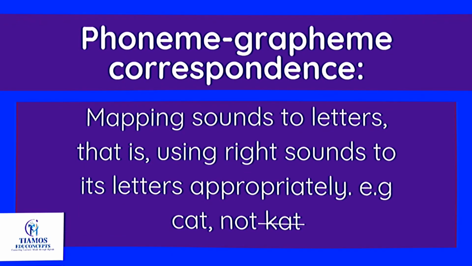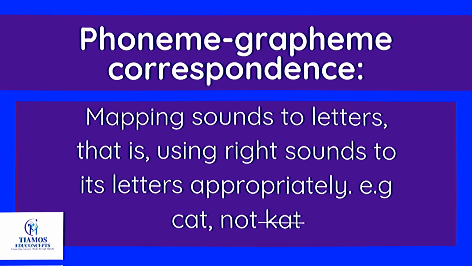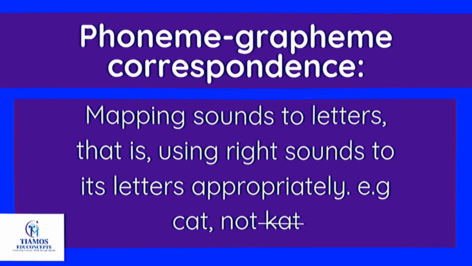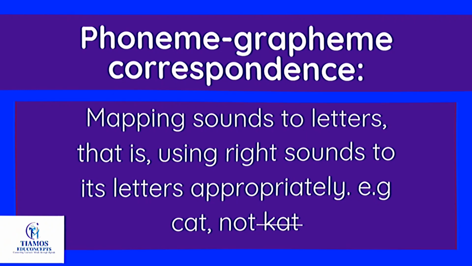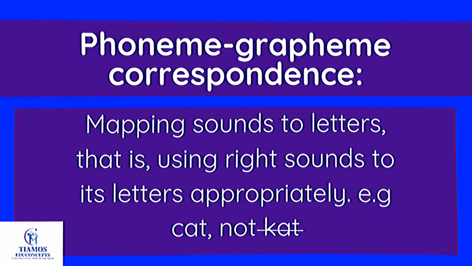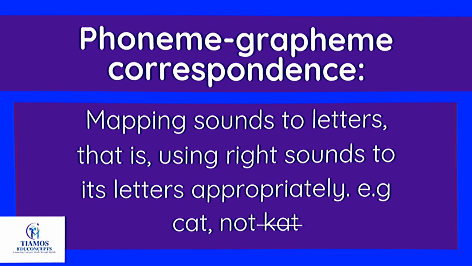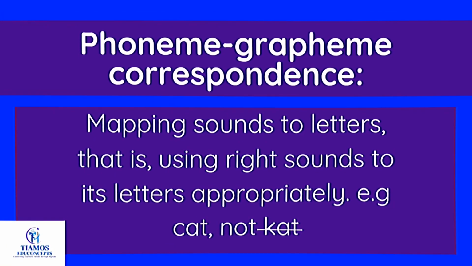Okay, in this slide, I want to tell you the relationship between phoneme and grapheme. Phoneme-grapheme correspondence. Why are they working together? Why the conversion? Very easy. Phoneme is the sound. Grapheme is the letter.